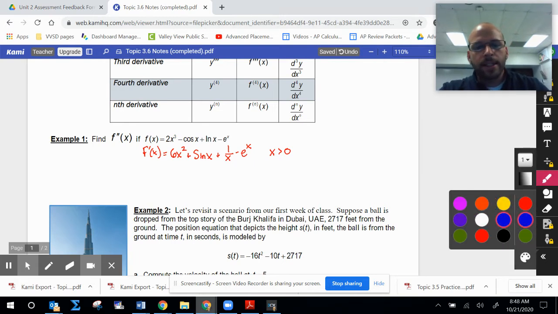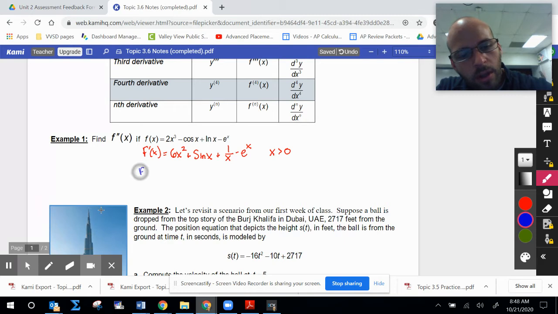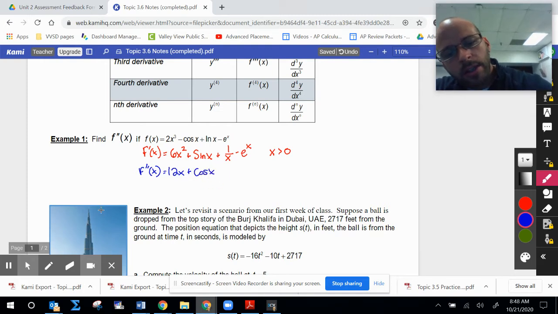Okay, but now let's take the second derivative. If I take the derivative using my sum and difference rules again, the derivative of 6x squared is just going to be 12x. The derivative of sine of x is going to be cosine of x. Now, the derivative of 1 over x: 1 over x is the same thing as x to the negative 1 power.